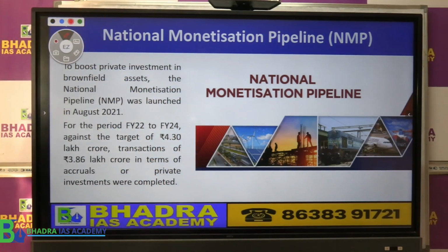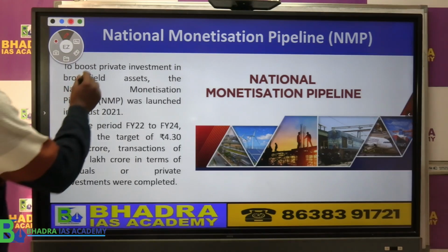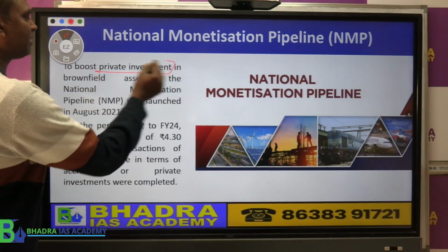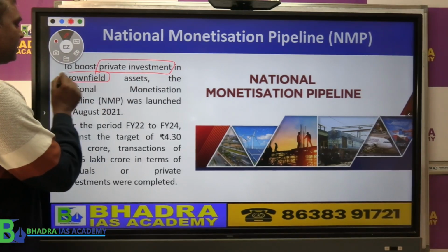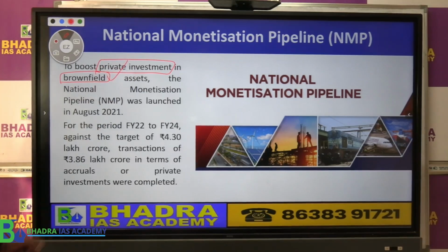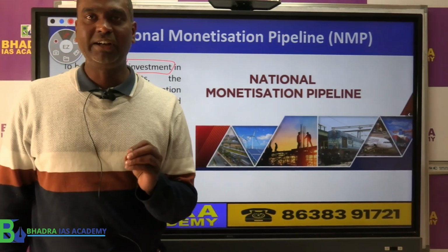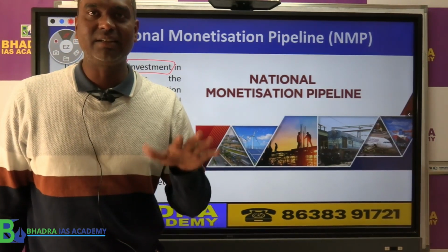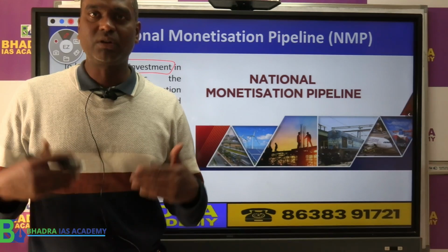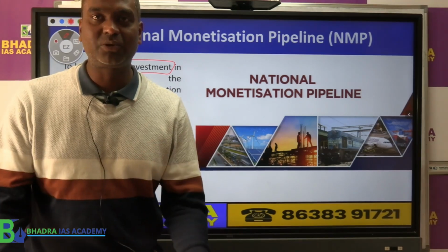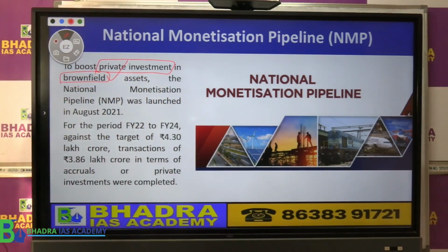The concept here is to boost private investment in what we call brownfield. So what is the meaning of brownfield? As I said, brownfield basically means an existing asset or existing infrastructure. That is what the government will give to the private sector. That was the idea of brownfield.